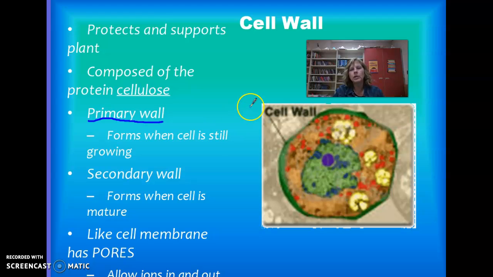It can't be super rigid because it's still growing. Then when the cell is mature, it matures into this secondary wall, that very rigid structure that even when the plant cell dies, we usually can see residual remains of that cell wall.